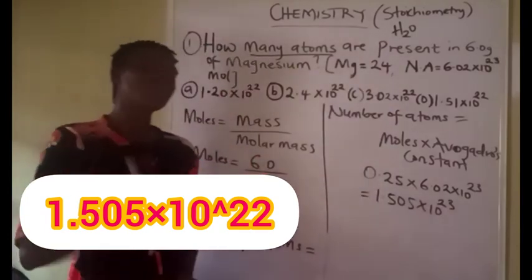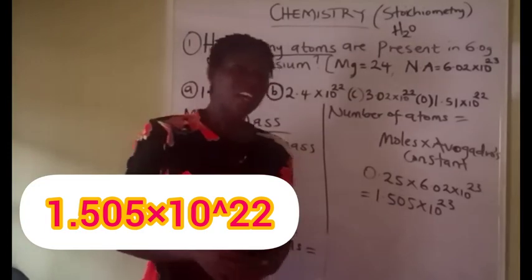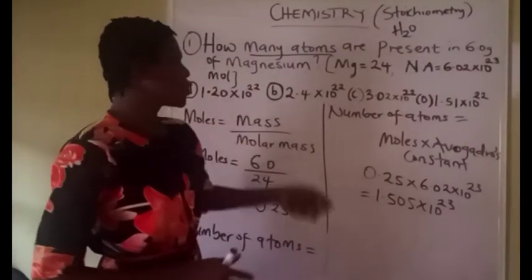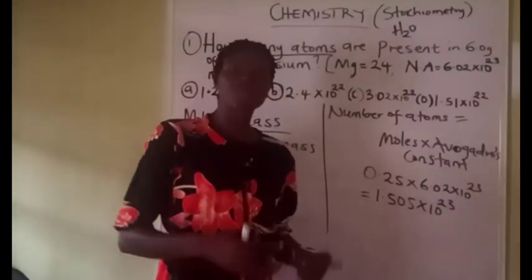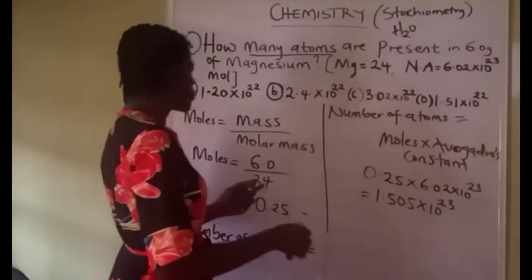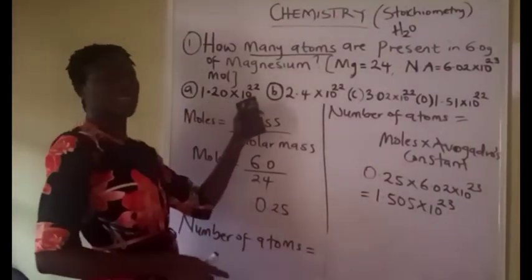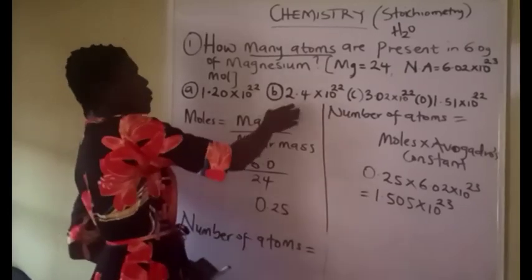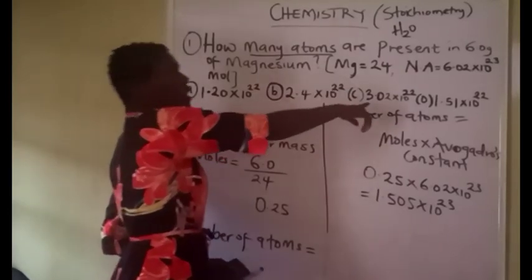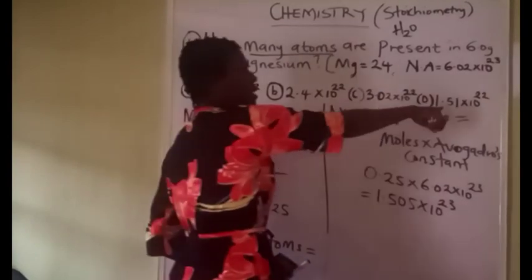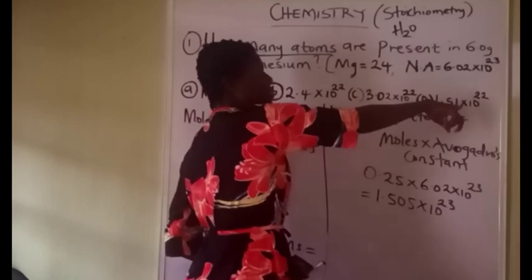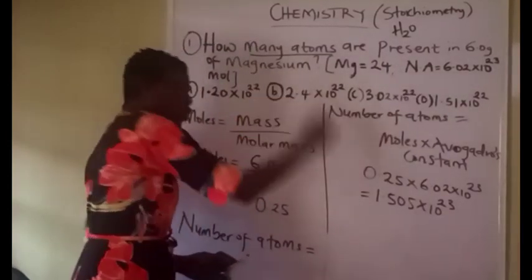Also, if you're solving the question in any exam and the answer is not close to the options, you can approximate, rounding off to the nearest significant figure. Now we have the options given to us: 1.20 times 10 to the power 22, 2.4 times 10 to the power 22, 3.02 times 10 to the power 22, and 1.51 times 10. So which of these options is close to this answer?